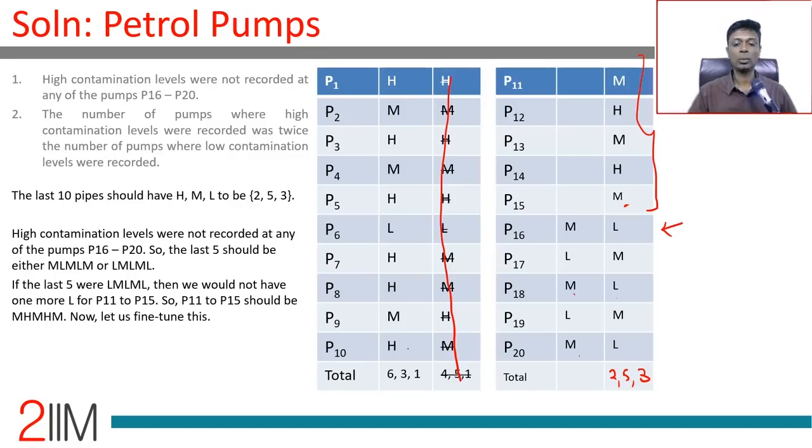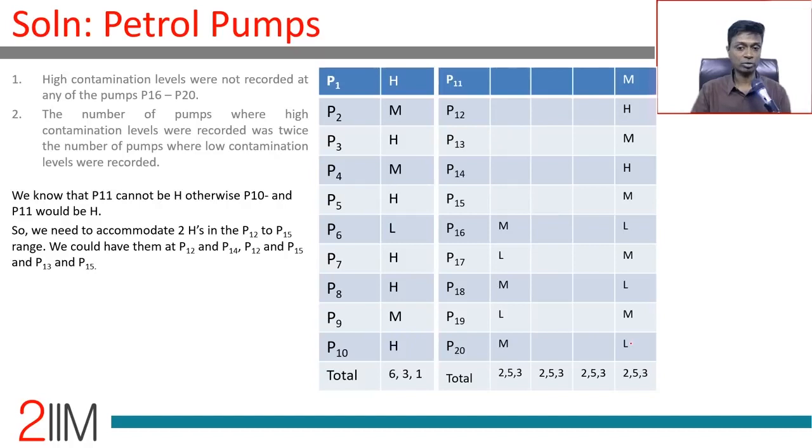Wonderful. Now we know P10 is H, so P11 should be M. Fine. So now let's think about what other possibility exists. Totally, we need to accommodate 2 more H's. If you're going for this sequence, 2 H's here.